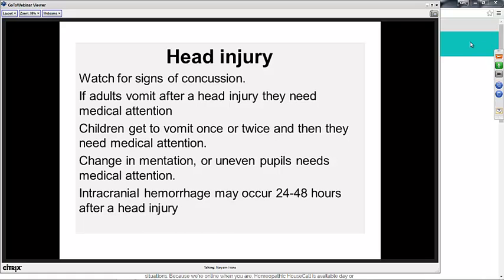Their balance changes. Because the kind of symptoms you see in head injury depend on where the head injury was. So if you get hit in the back of the head, that's the occipital lobe. So you may have the classic thing where people see stars. People actually see stars. And so you can have change in visual acuity.